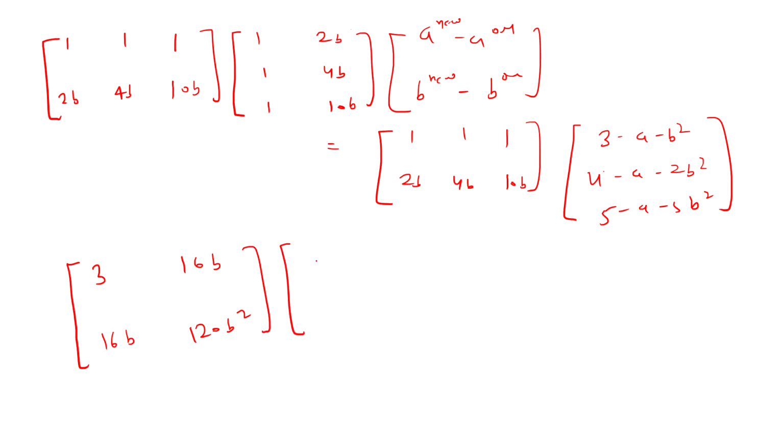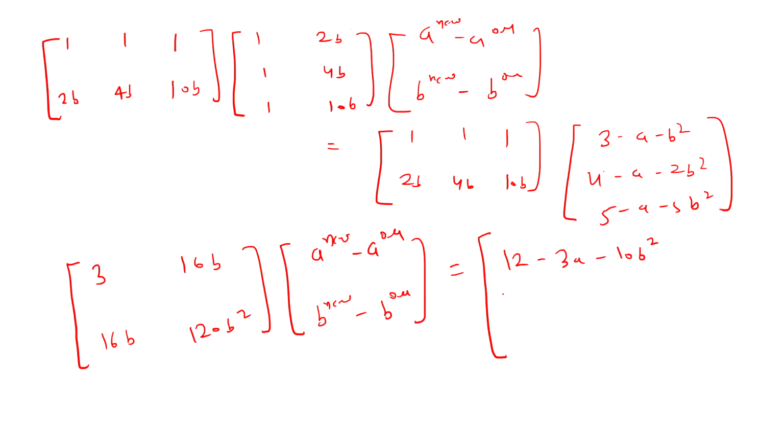and then we have this a new minus a old, b new minus b old, and then we have this as, so this is basically 5 4 9 3 12 minus 3a minus 10b square, and then if we multiply this with, then it becomes 50 16 6, 50 16 6 72b, then we have minus, so this will be 2 16.